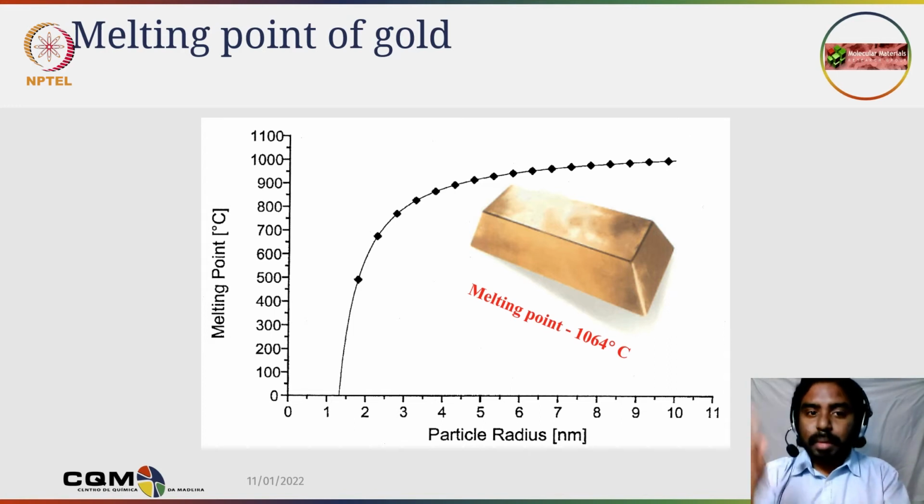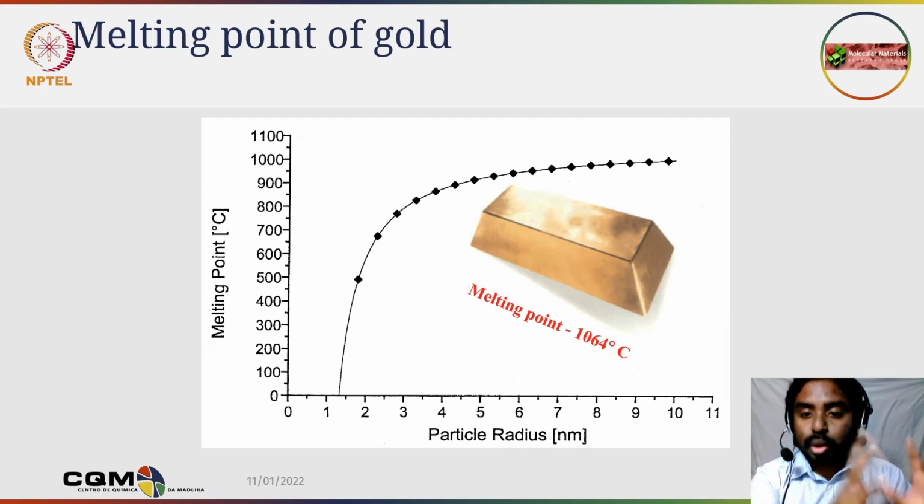The melting point can be reduced from 1064 degrees Celsius to even 200 degrees Celsius when you have 20 nanometer gold nanoparticles. You can see the drastic change, and this is because of the high surface to volume ratio.